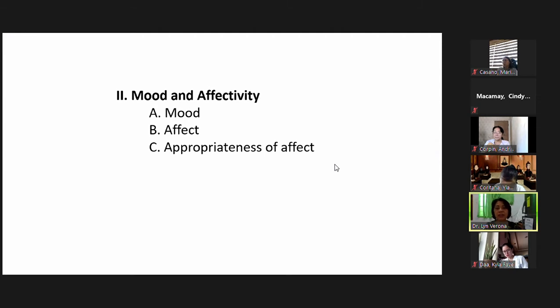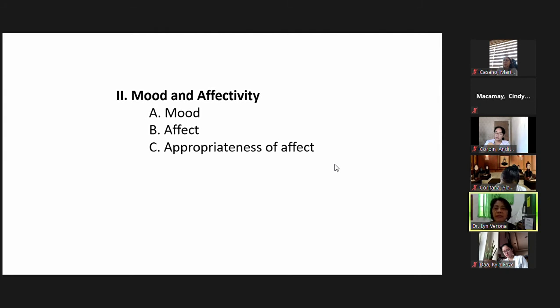Affect is what you see on the face when you are interviewing the patient. It is the external emotional display of a patient. Mood is the sustained internal feeling or emotion of the patient. Affect is in front of you when you see the patient.